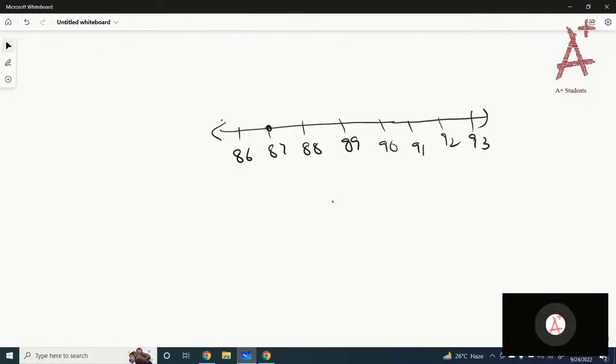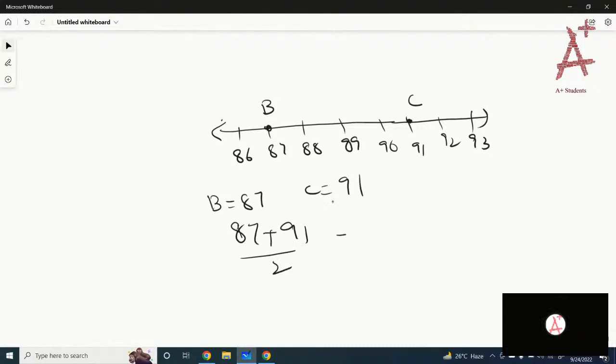And here you have B and here you have C. So the coordinate for B is 87 and the coordinate for C is 91. So just add the coordinates and divide them by 2. 87 plus 91 over 2.